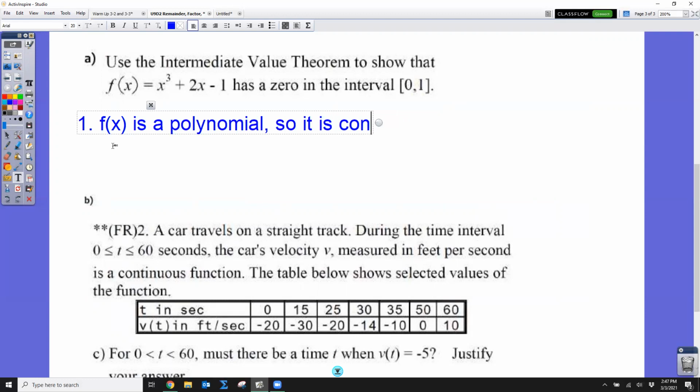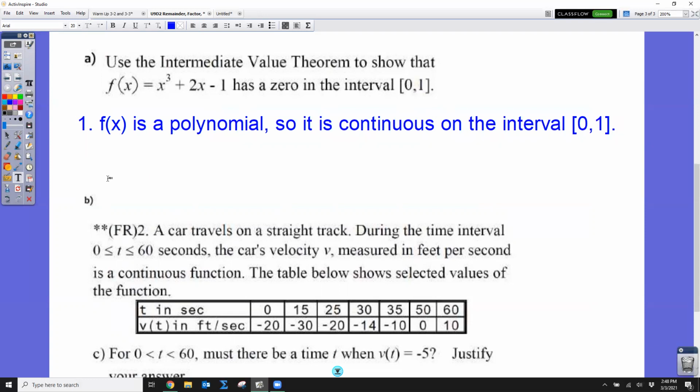I'll just say that. And just to stick with the theorem, on the interval 0, 1. And that's being a bit redundant. I mean, it is a polynomial, so it's continuous. But I'll just go ahead and say that since we have our interval, that's there for us.